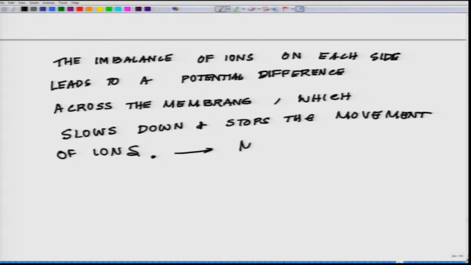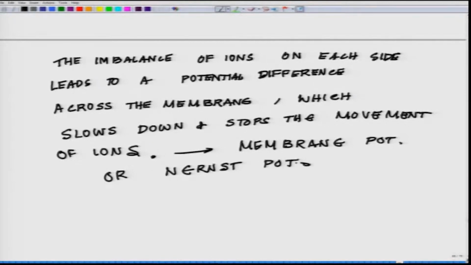This is what is called as membrane potential or Nernst potential. Okay. Membrane potential are often found in biological cells where the concentration of, now we will introduce potassium, sodium and chloride and other ions are different inside and outside the cell.